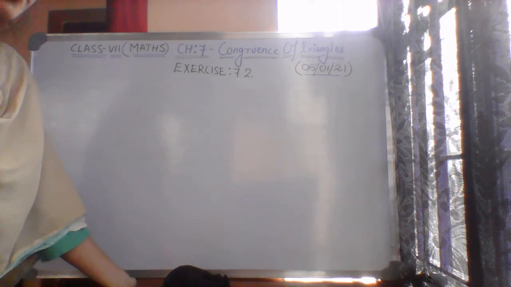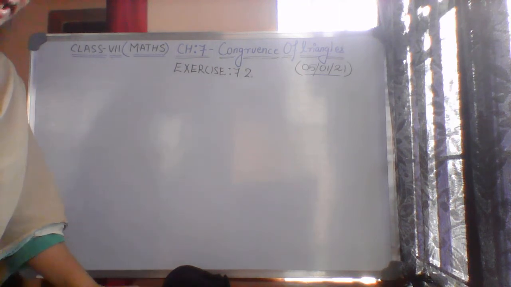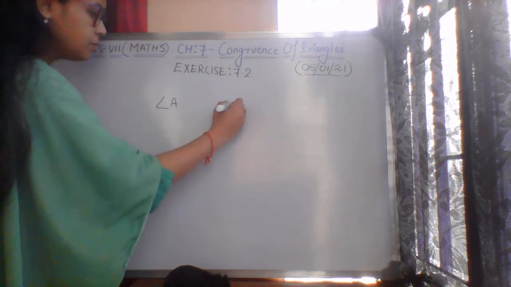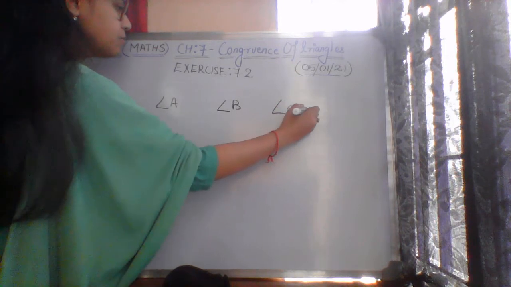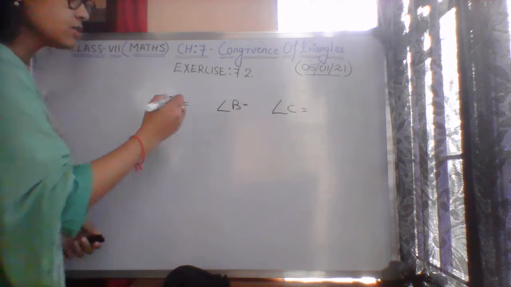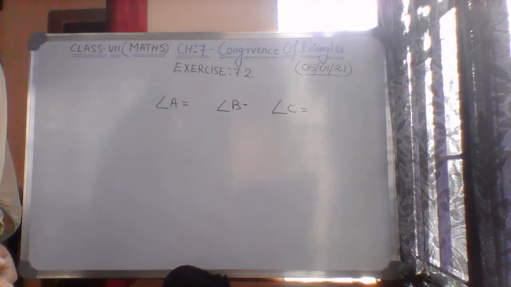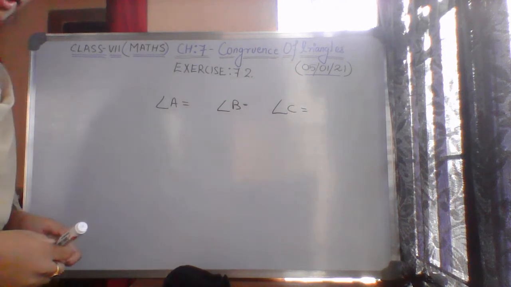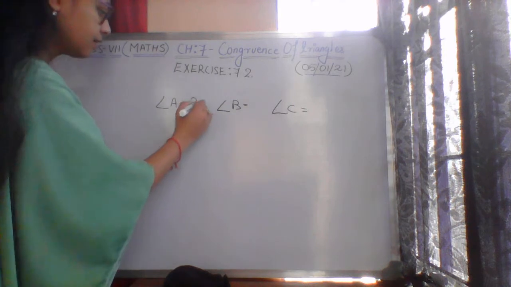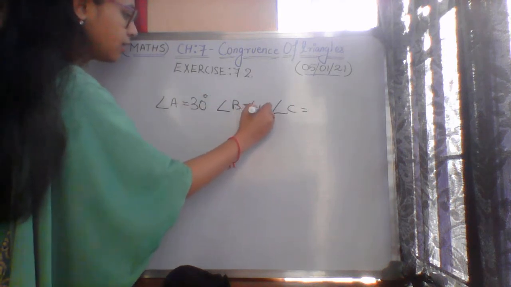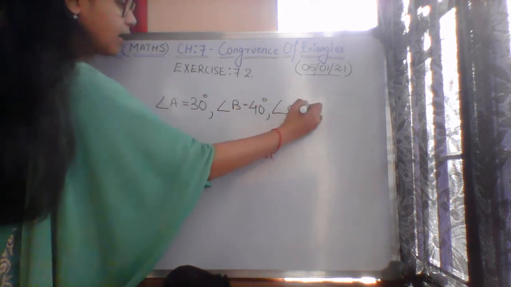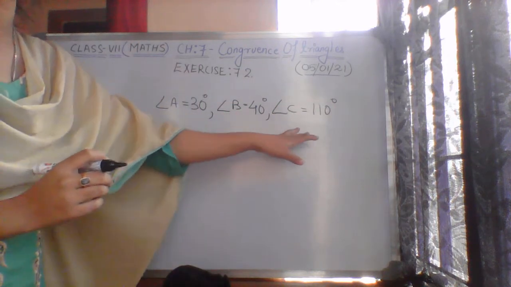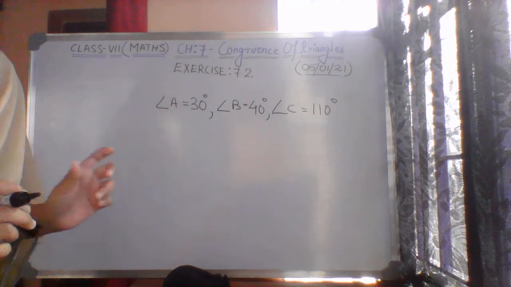Now question number 4. In question number 4, they have given the measurements of angle A, angle B and angle C: 30 degree, 40 degree and 110 degree. This question you have to do by yourself. These are the angles given for triangle ABC.